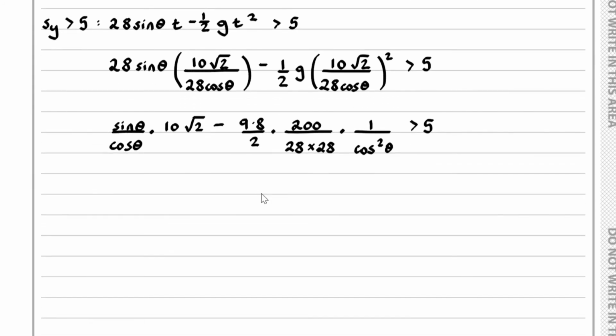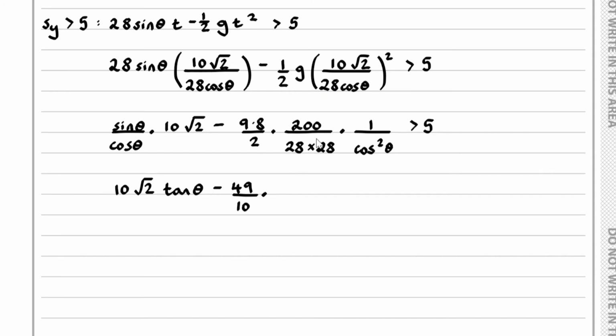So let's try to simplify as much as we can. We have 10 root 2 tan theta, subtract, now here we've got 9.8 over 2, which is 4.9, and this 4.9 I'm going to rewrite as 49 over 10, and I'm going to multiply this by 200 over 28 times 28.